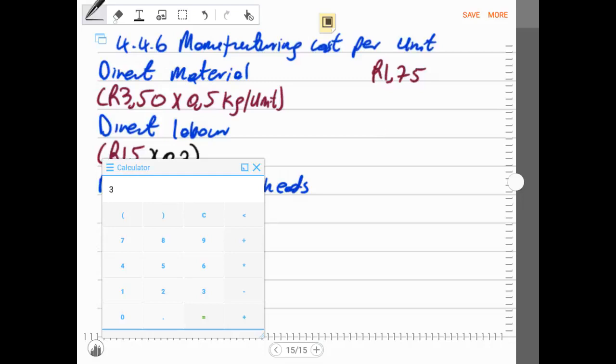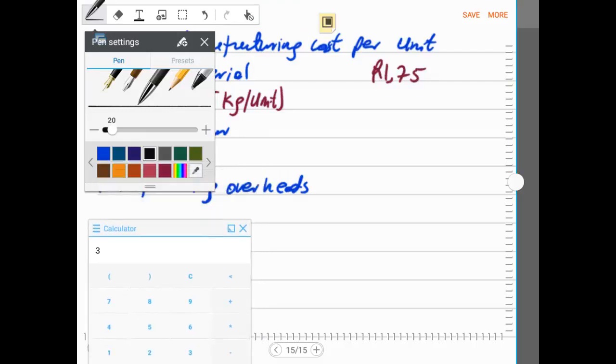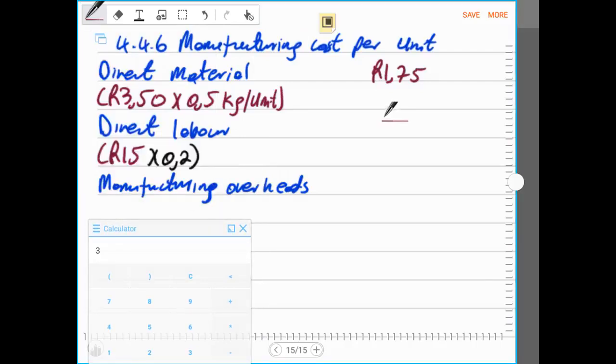Then we record under direct labor 3 rand per unit.